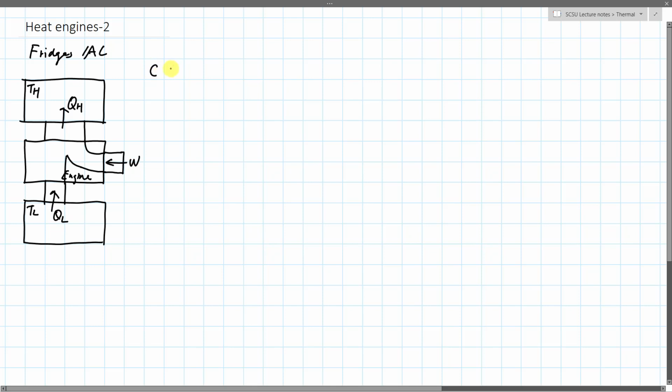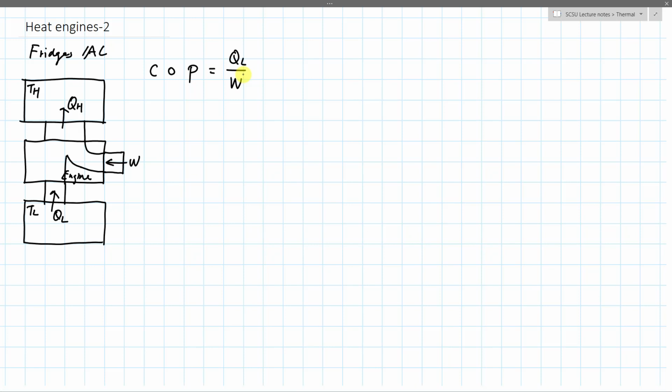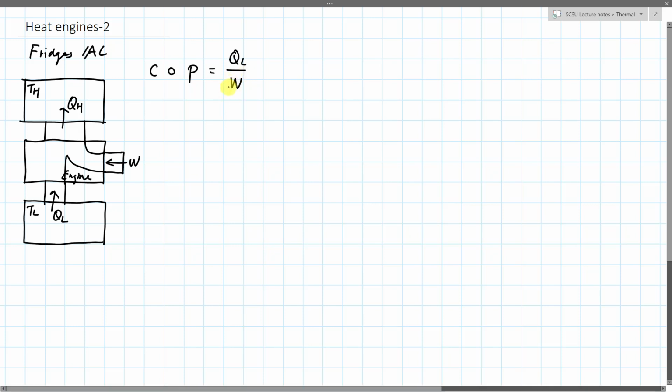So you define a coefficient of performance, or COP, and this is looking at how much heat you can take out of the cool environment, and at the cost of how much work you have to do. And this work done is typically done by turning electrical potential energy into mechanical, right? So that's a work done there.